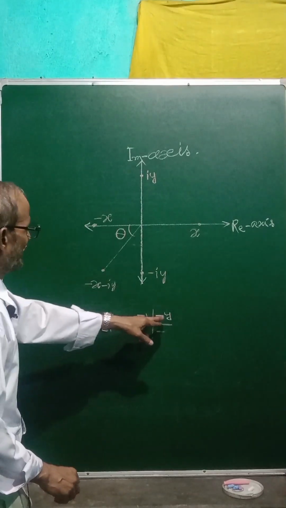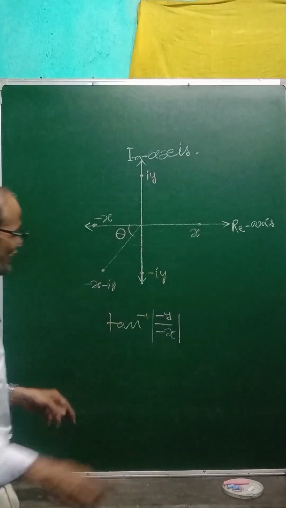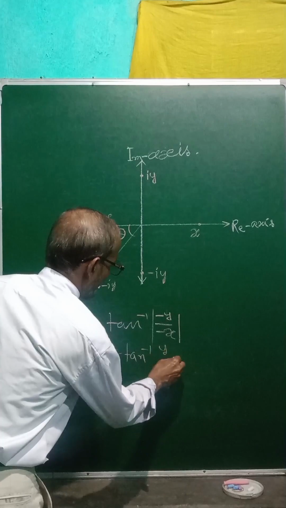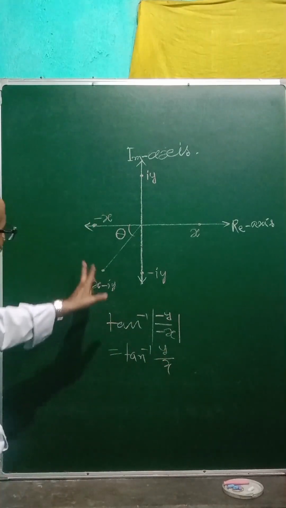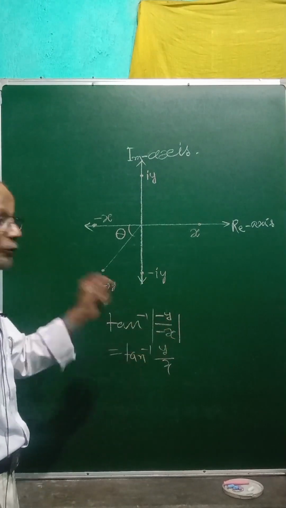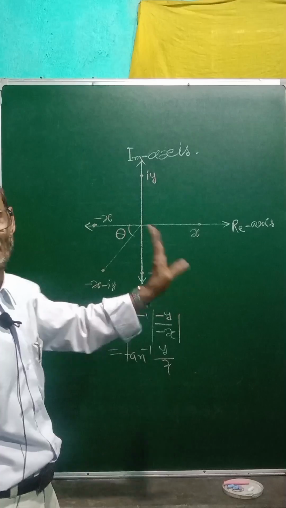Tan inverse of (−y)/(−x) is equal to tan inverse of y/x. So some value we get which we do not know before calculating like that, and after that we get minus of (pi minus this).